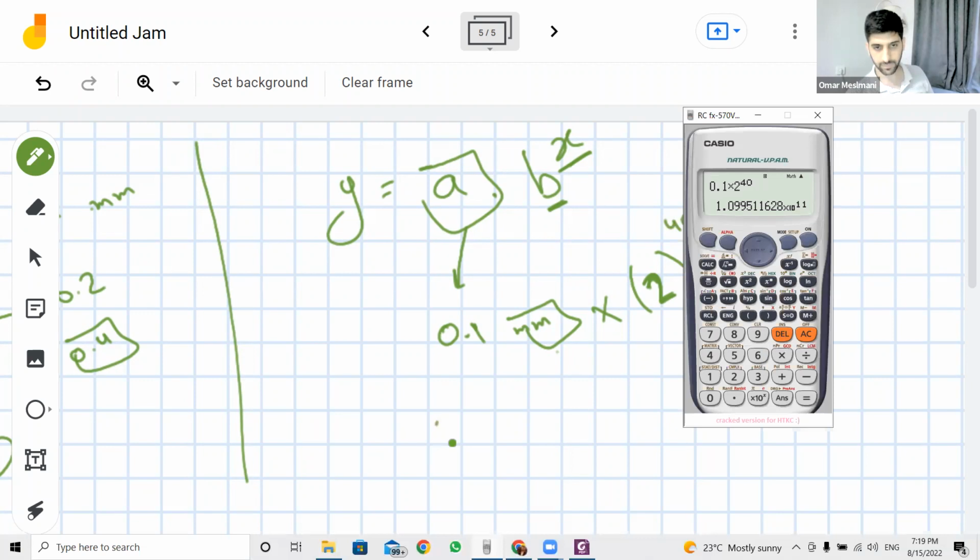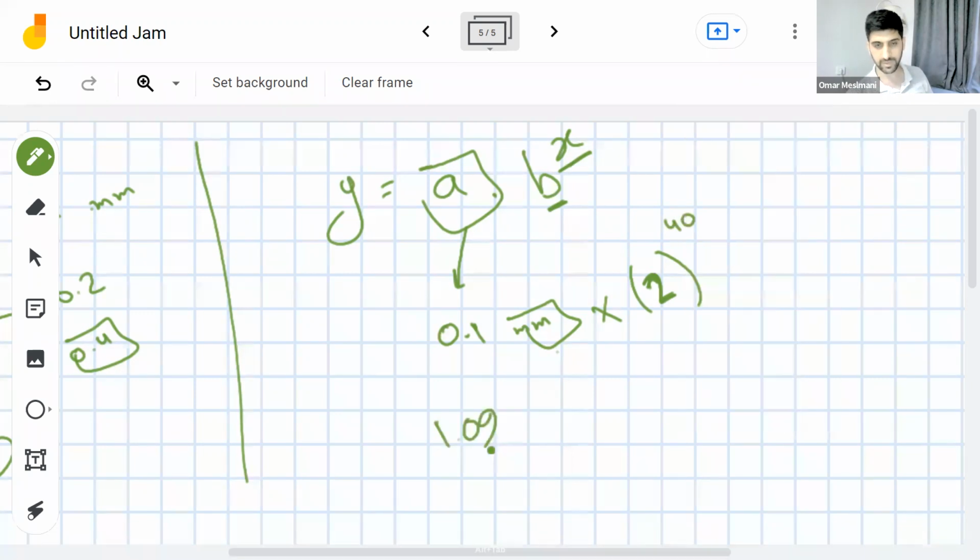1.09, multiplied at the end by 10 to the power 11. What does it mean to multiply by 10 to the power 11? It means I write 11 zeros next to it without the point.